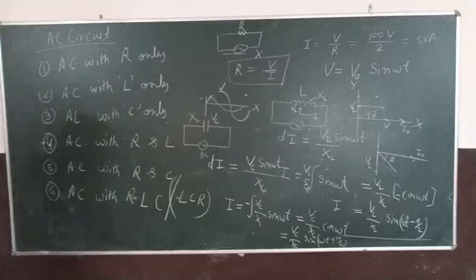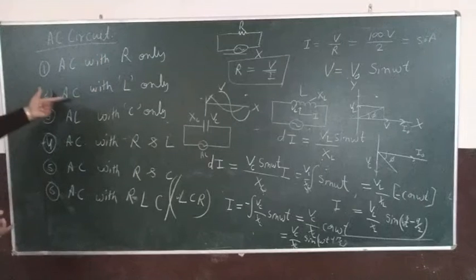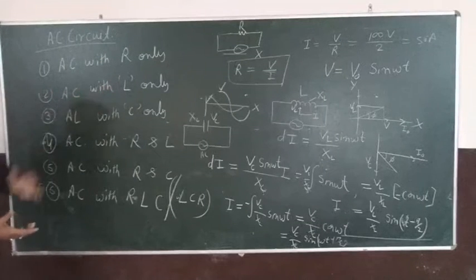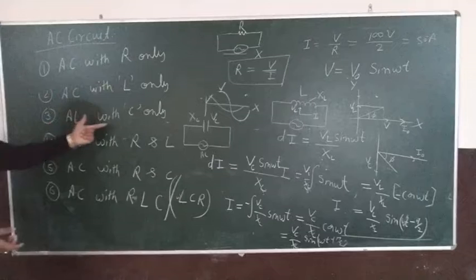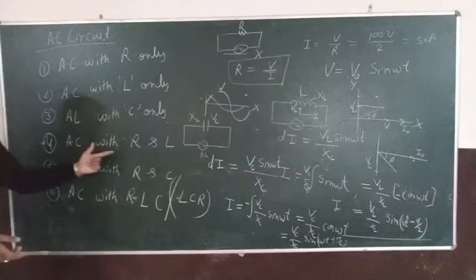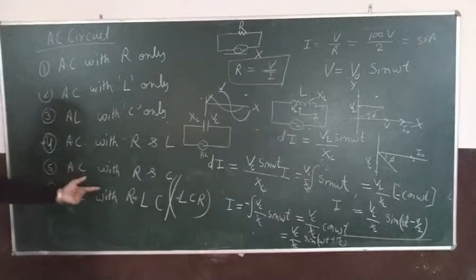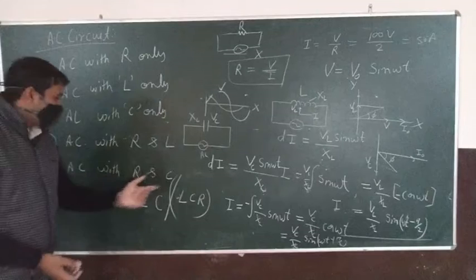Usually we have 6 types of circuits: AC with only resistance, AC circuit with only inductor, AC circuit with only capacitor. After that, AC circuit with resistance and inductor. Next is AC circuit with resistance and capacitor.